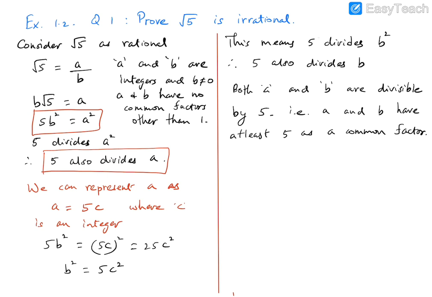What we can conclude from here is that this is violating, or contradicts, our initial assumption that a and b have no common factors.